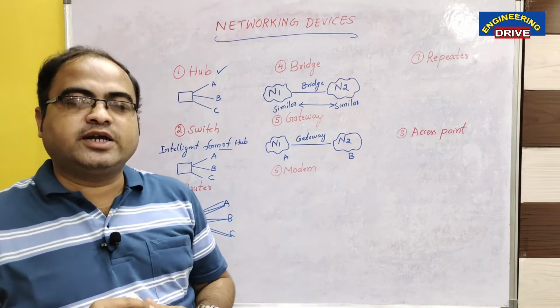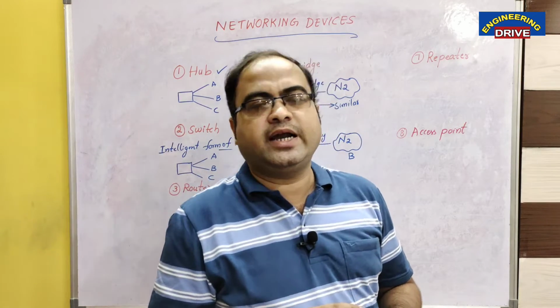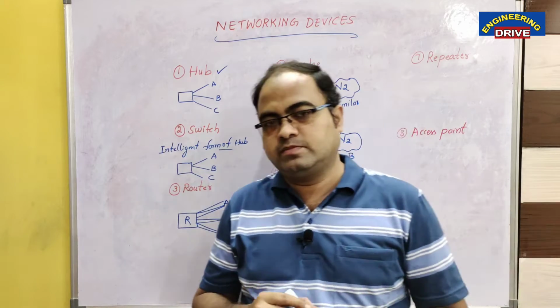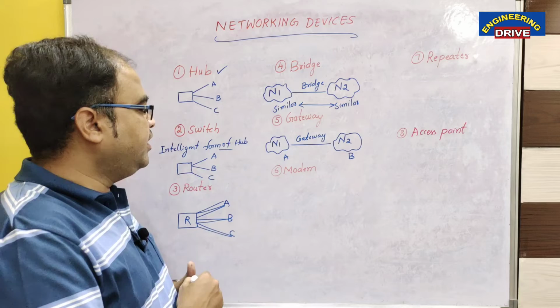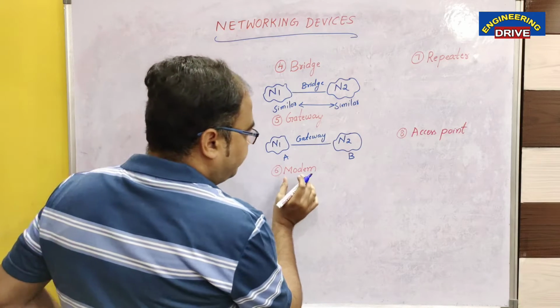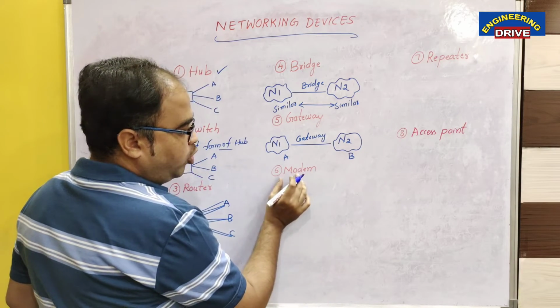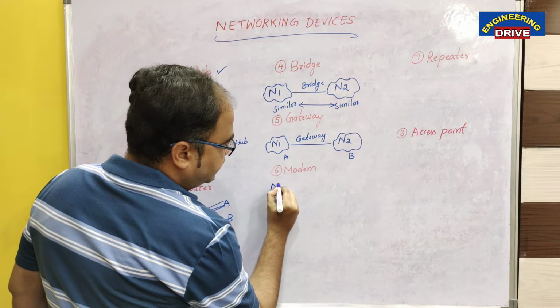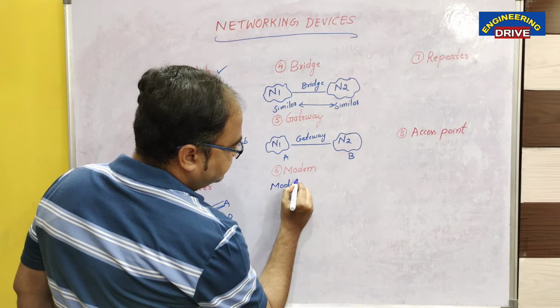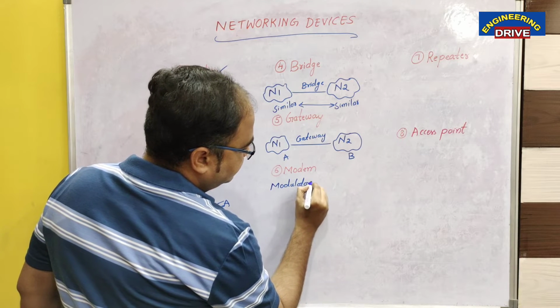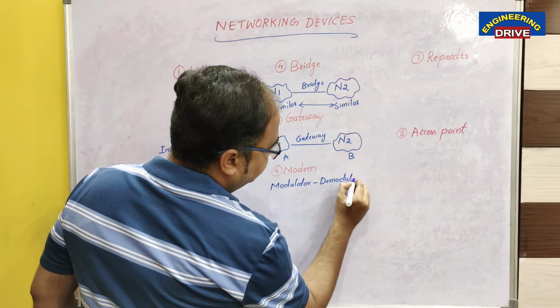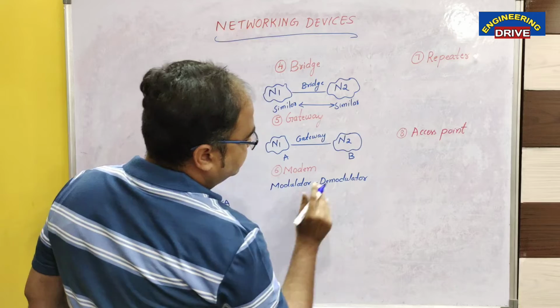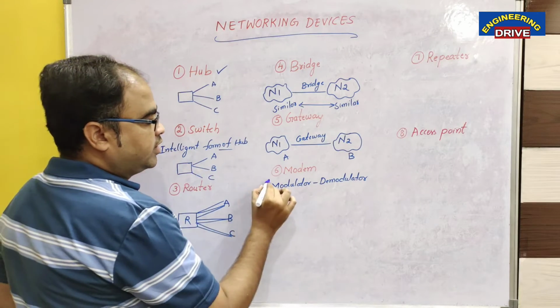And the sixth networking device, which is very, very important and is common, is modem. First of all, before I say what is modem, let me give the full form of this word, modem. It stands for modulator and demodulator.